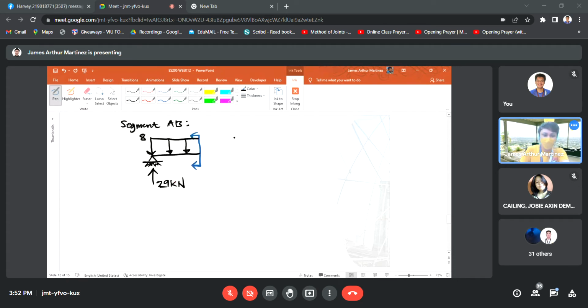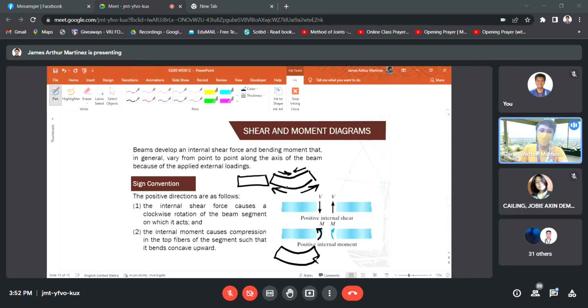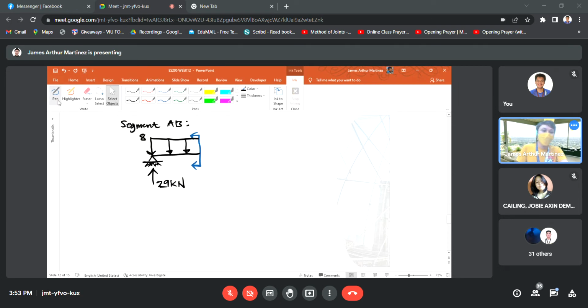Sige. So, meaning class, if magkatag plane, di ba, ma-expose man ang internal shear and internal moment of your segment. So, balik ta dito sa concept sa sign convention. If we are to analyze left side part of our beam, di ba, ang shear is acting downward and your internal moment is counterclockwise nga direction.